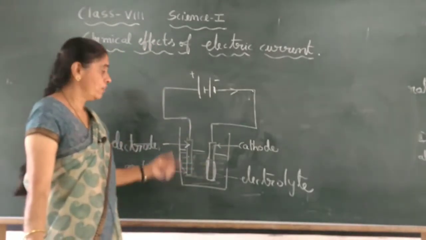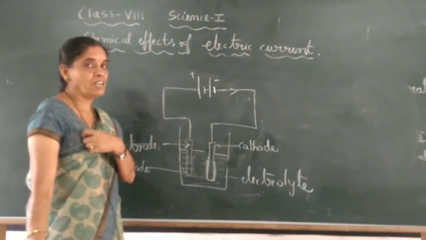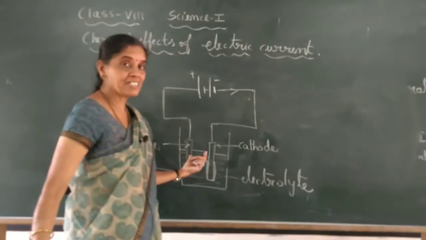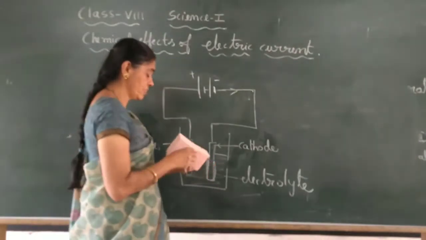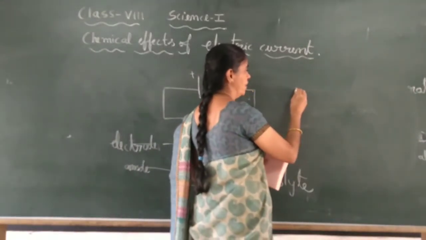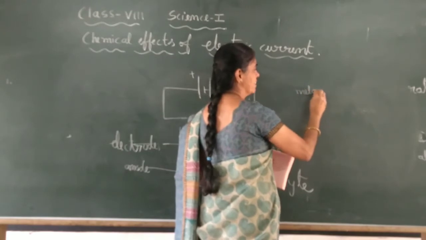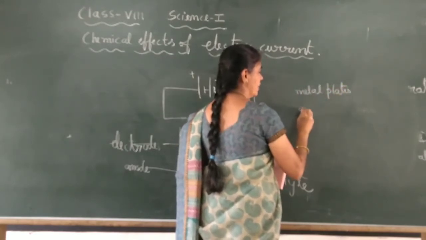Okay, now one simple activity is given where you can observe the gas liberating at the electrodes. Instead of metal plates, you take graphite rods.